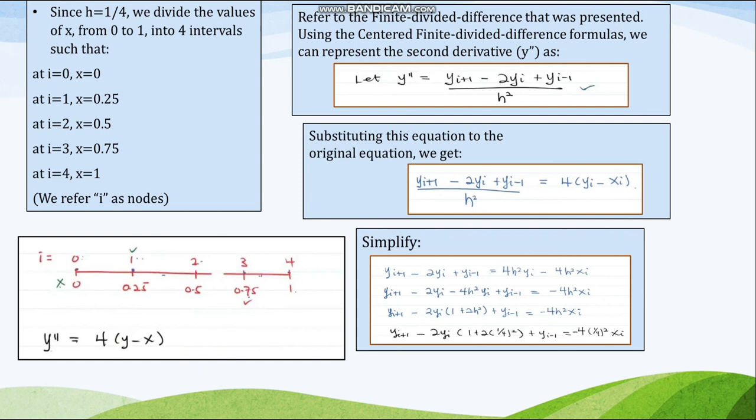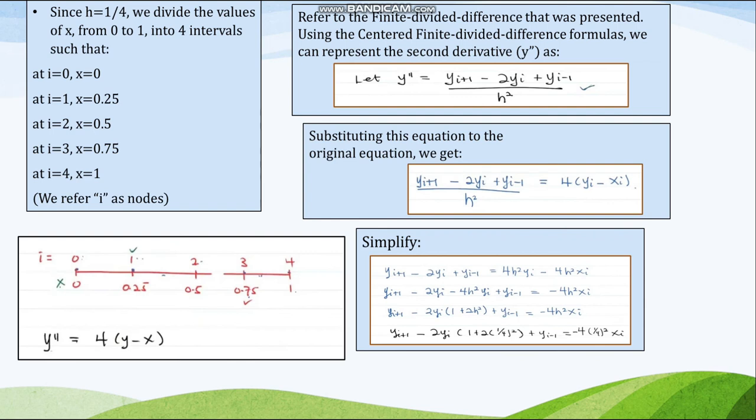Next, we extract the common terms, and we get y sub i plus 1 minus 2y sub i multiplied by the quantity 1 plus 2h squared plus y sub i minus 1 is equal to negative 4h squared x sub i.